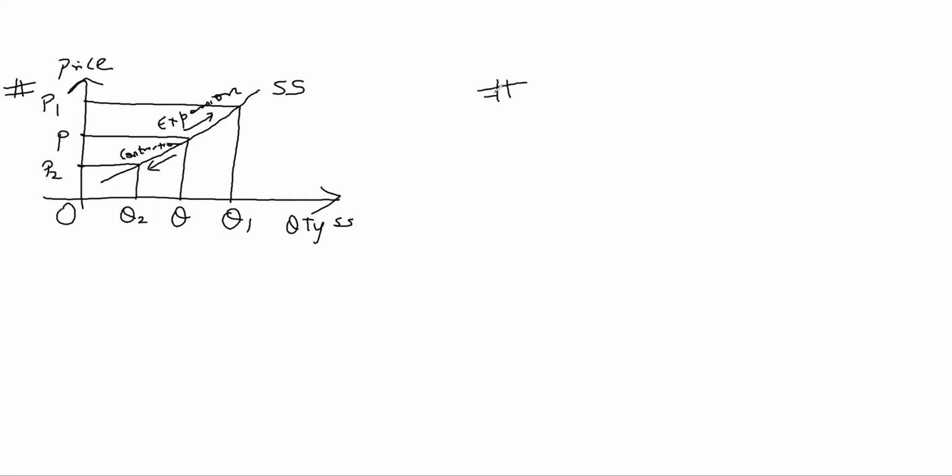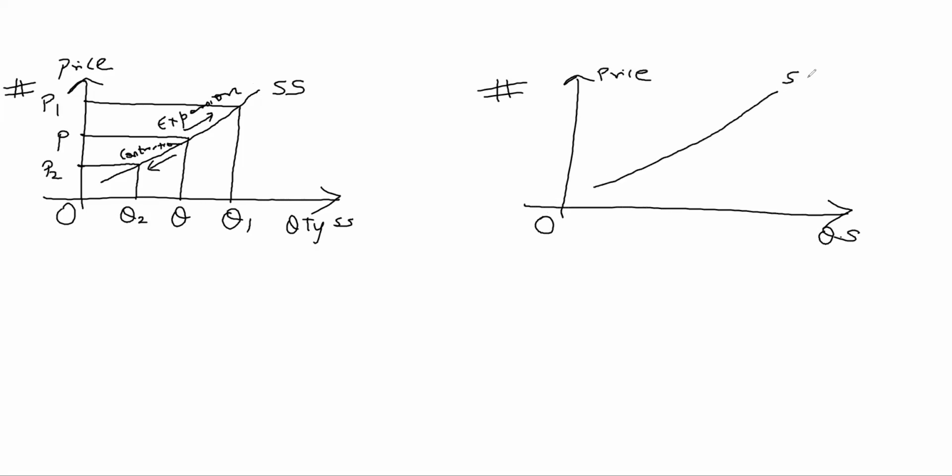Whereas all other factors which we have done except the first factor will cause a shift. So quantity supplied, price, this is my supply. At the same price OP, supply curve can shift to the right from SS to SS1.